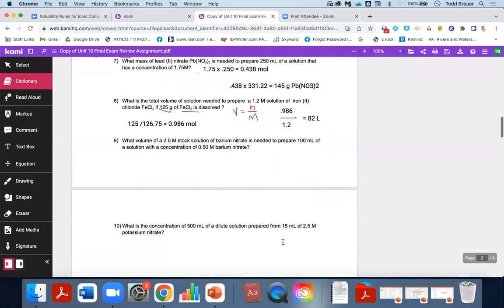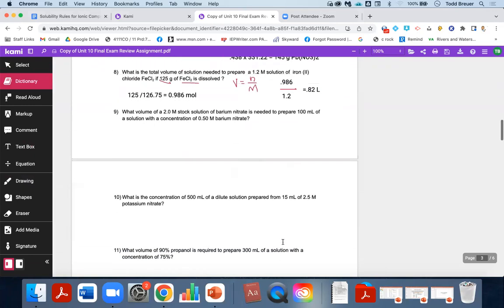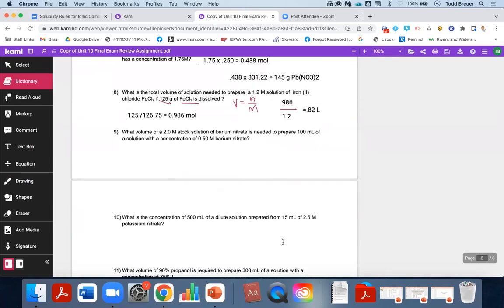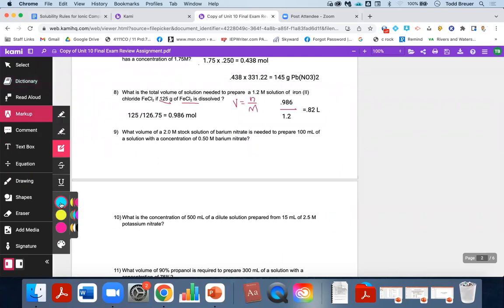So we might get confused about what we might do with number 9 because it mentions molarity, but here's a way to think about why this is different. This particular example gives us 2 concentrations. So here we are making a solution by diluting some stock, or some more concentrated solution.